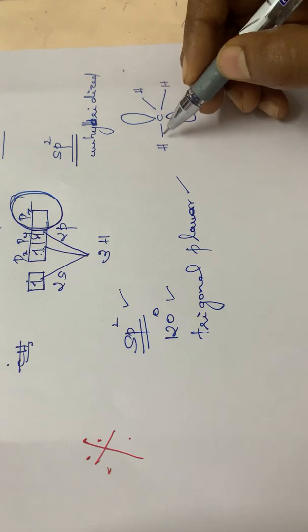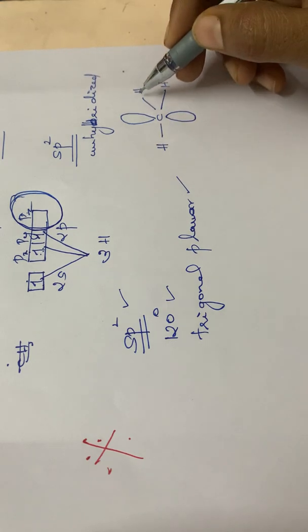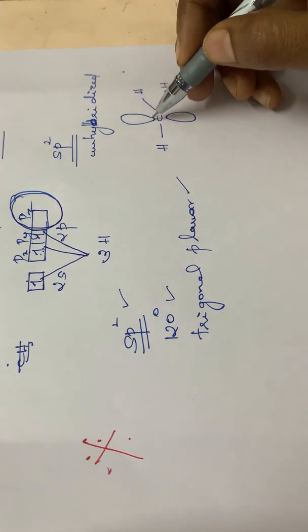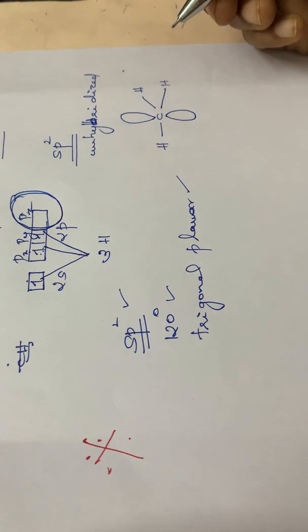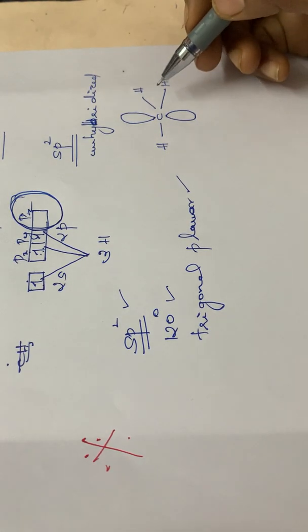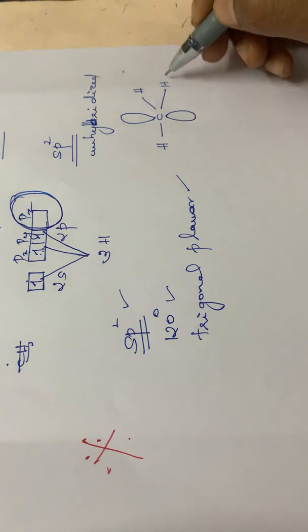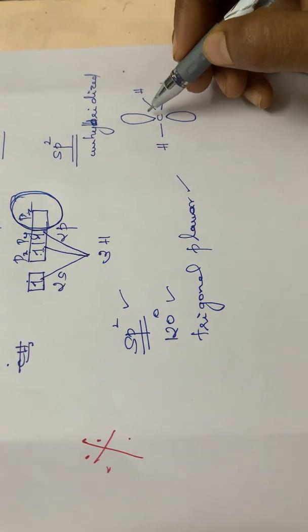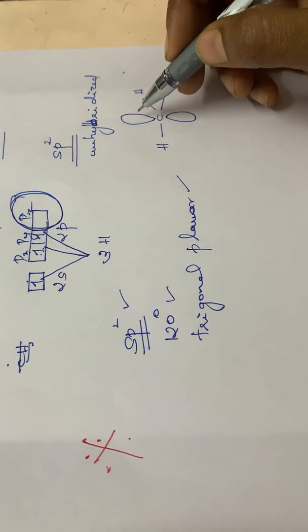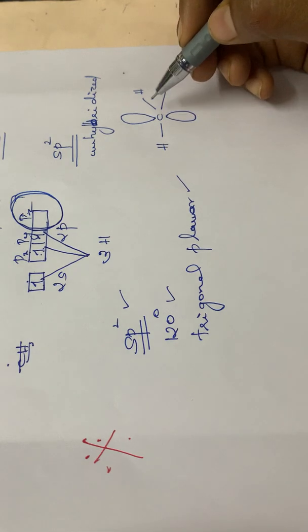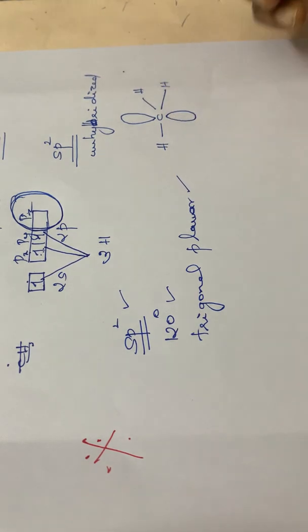The CH3 group is in one plane, and the unhybridized p orbital is above and below the plane of the CH3 group.